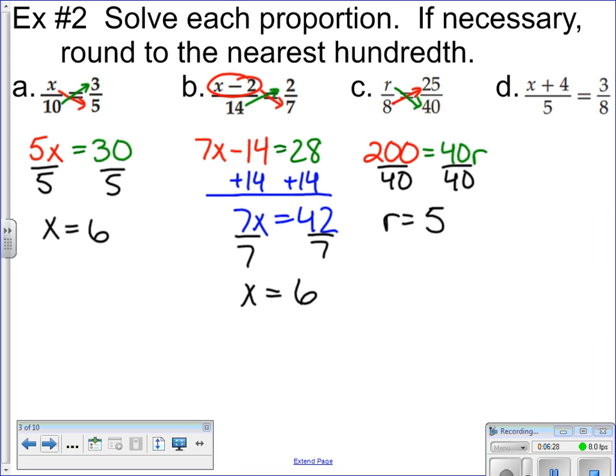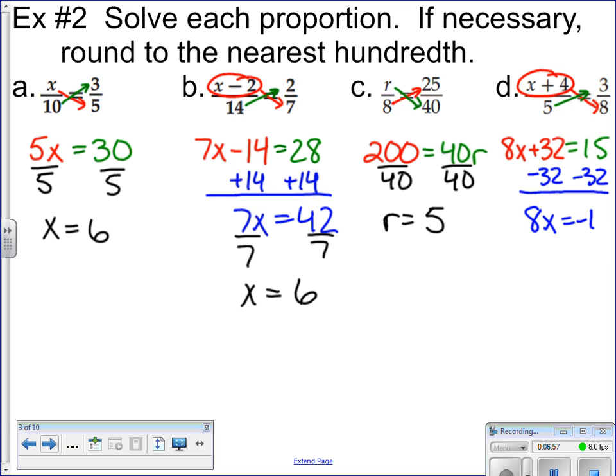And our last one, both x and 4 will be multiplied by 8. So that would be 8x plus 32. 5 times 3 is 15. So if we subtract 32, 8x equals negative 17.